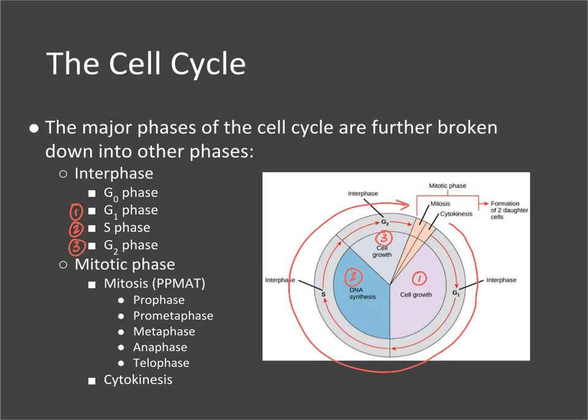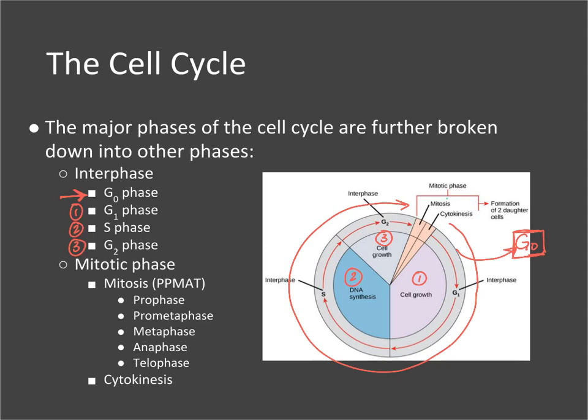You notice that I skipped over this G0 phase here. I did that on purpose because you'll notice that in the diagram here, the G0 phase is not on there. The G0 phase is actually like an offshoot of the cell cycle, and we'll talk about what that is and why it matters on a future slide.